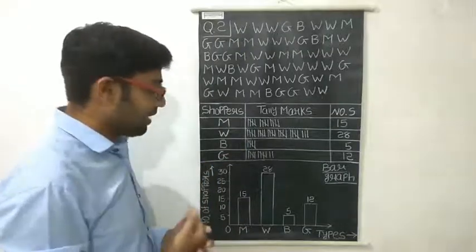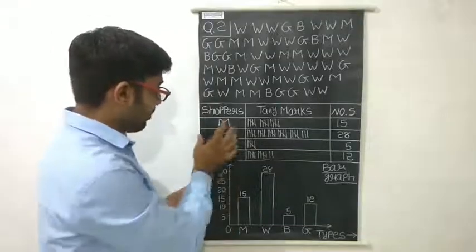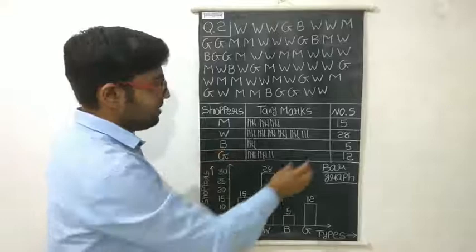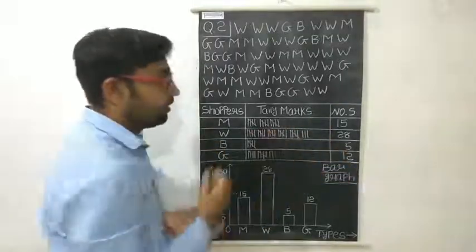So how can we draw the bar graph? Here we have two things: the type of shoppers and the number of shoppers. On the horizontal axis we take the types of shoppers, and on the vertical axis we take the number of shoppers.